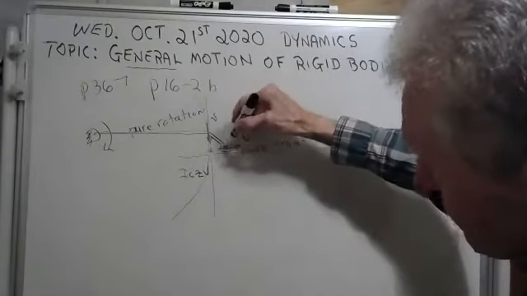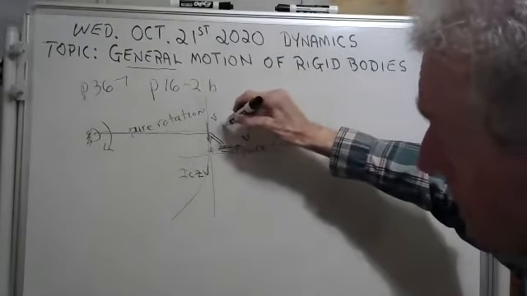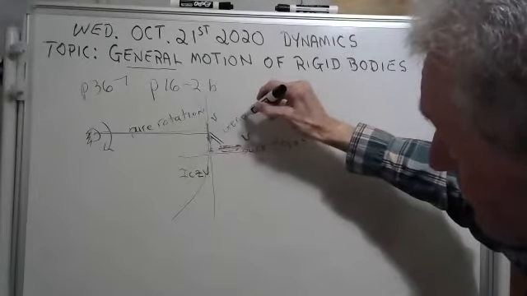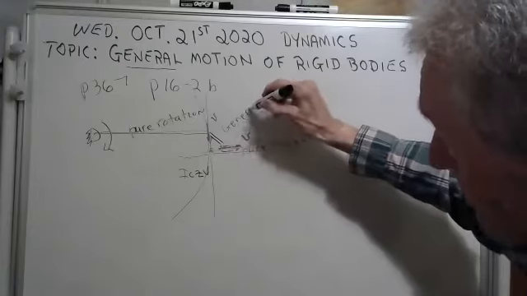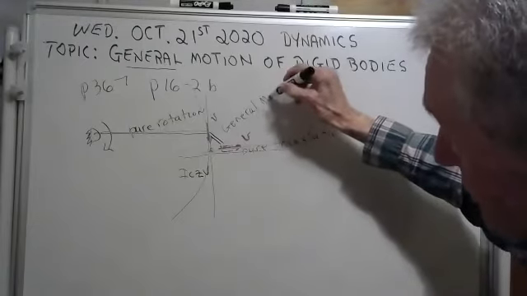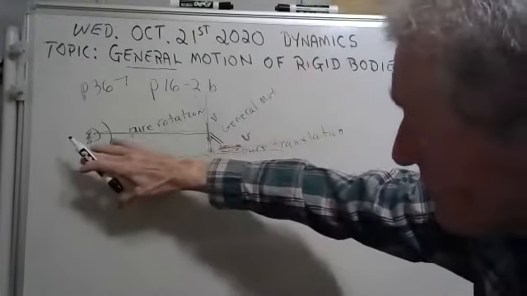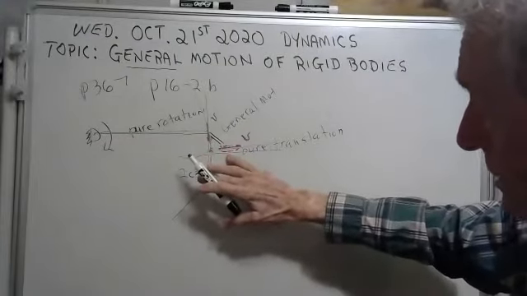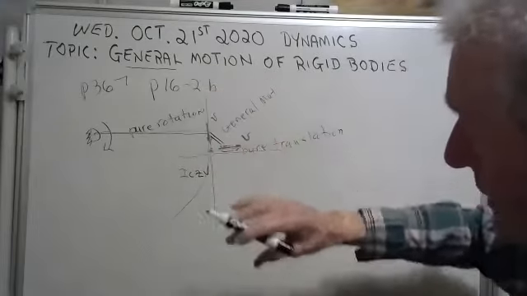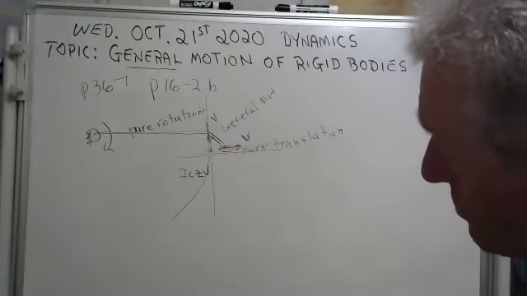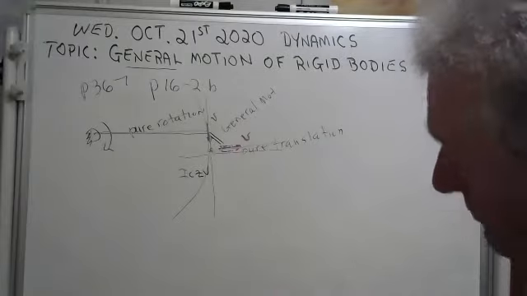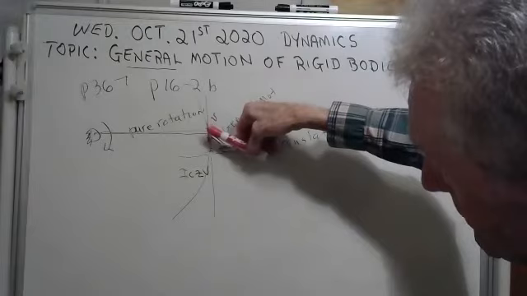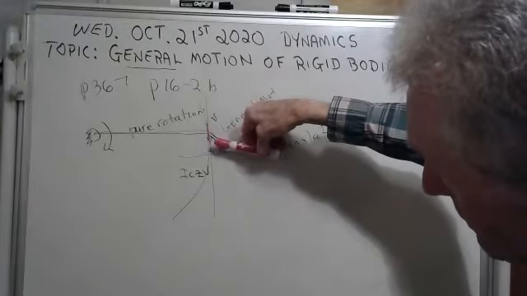See, this connecting rod is in general motion. This rod here is in pure rotation. This piston's in pure translation. But this rod here is in general motion, because it's going to rotate counterclockwise a little bit.